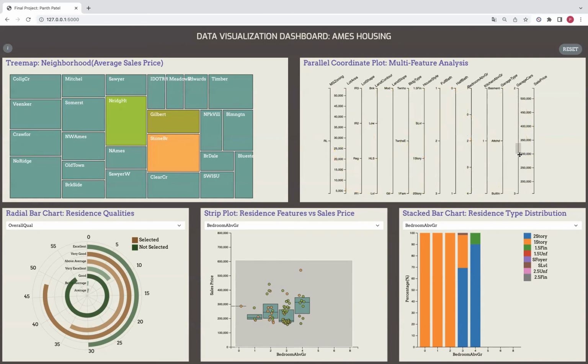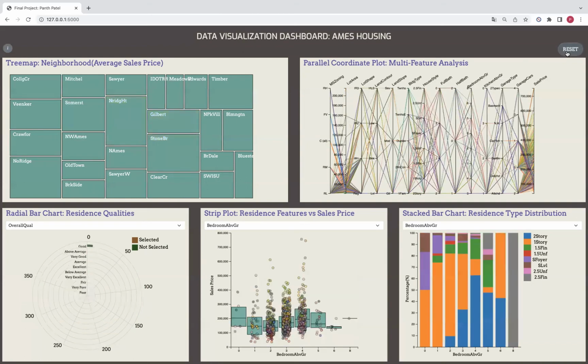And if we select garage 3, there are a few houses above 350,000 USD, which makes sense because there's more construction involved when one more garage is added. Also, there's this reset button, clicking on which the entire dashboard will come to its initial state.